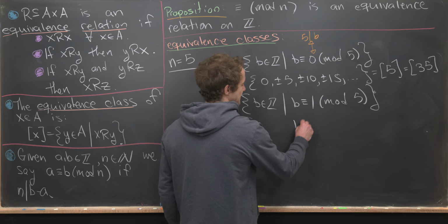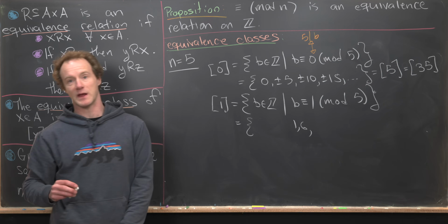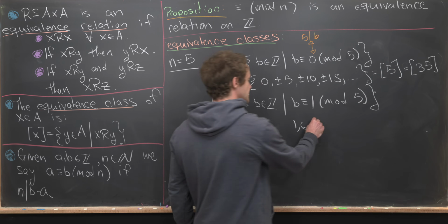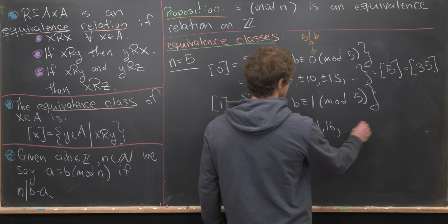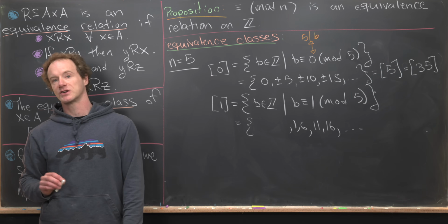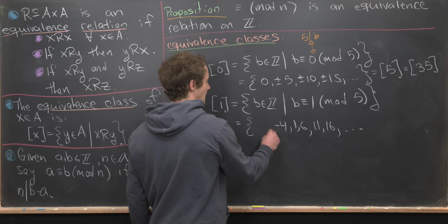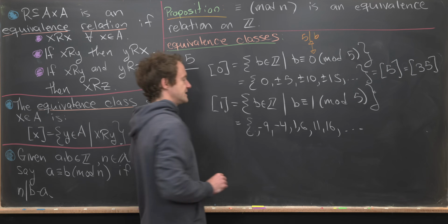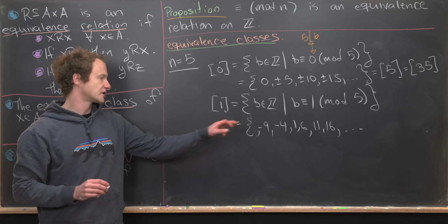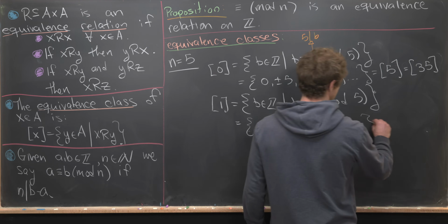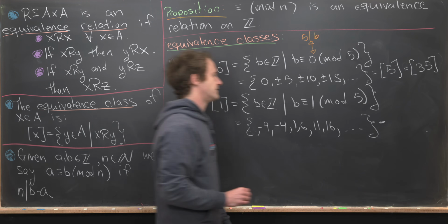So 1 and 6 both have a remainder of 1 when divided by 5. So does 11 and 16, and so on and so forth in that direction. Then if we move back in the reverse direction, we'll have like minus 4, minus 9, and so on and so forth. So those are going to be all the numbers that are congruent to 1 mod 5.